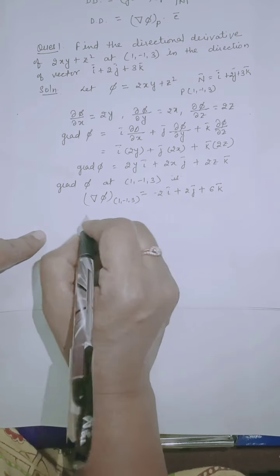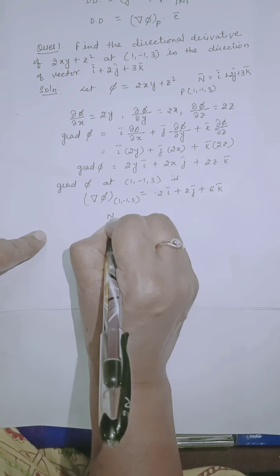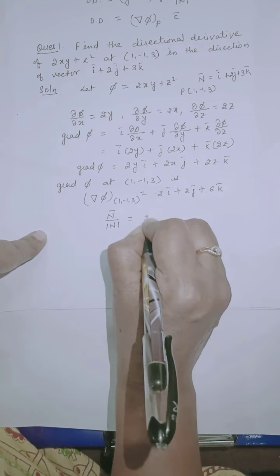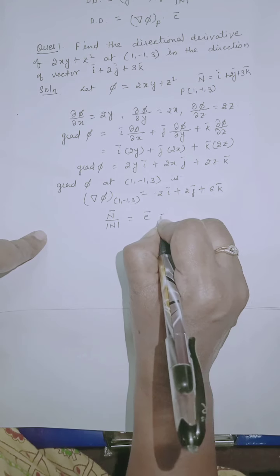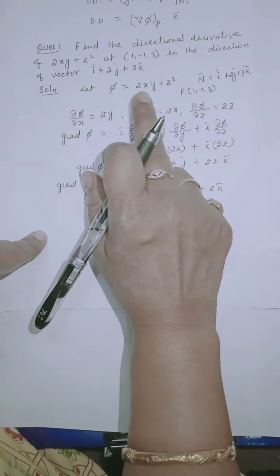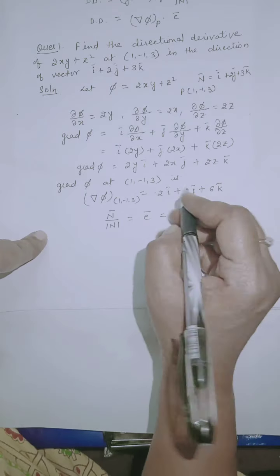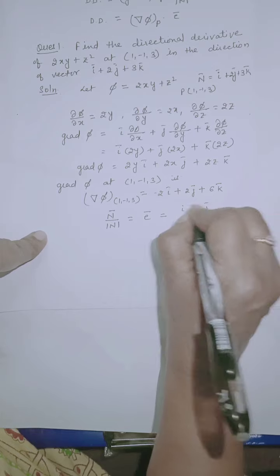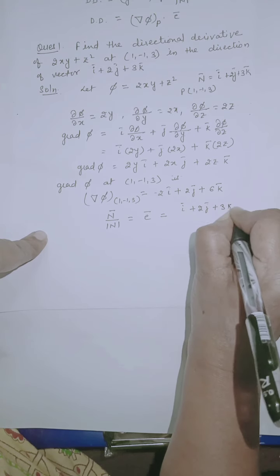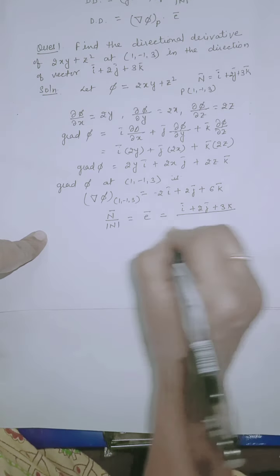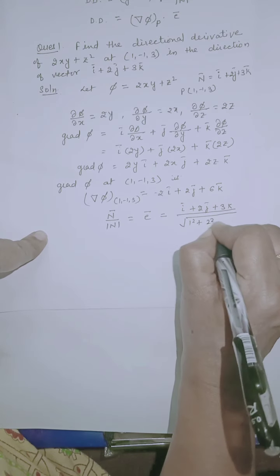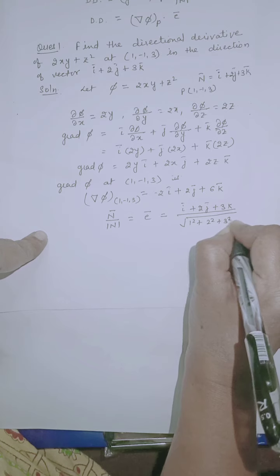Now the value of n cap, or also you can call it E cap is equal to E bar is equal to vector n by mod of vector n. So that is nothing but I plus 2j plus 3k by mod n is nothing but under root 1 square plus 2 square plus 3 square.